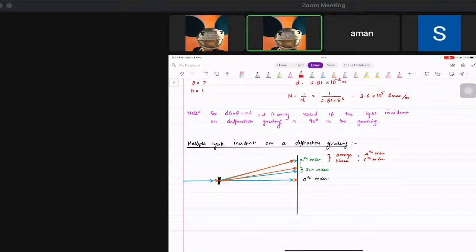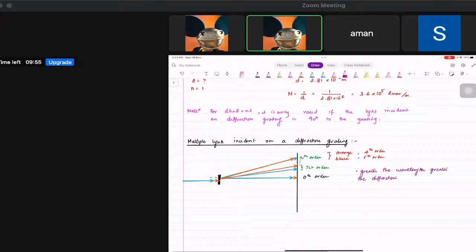So what you need to remember is, number one: the greater the wavelength, the greater the diffraction.